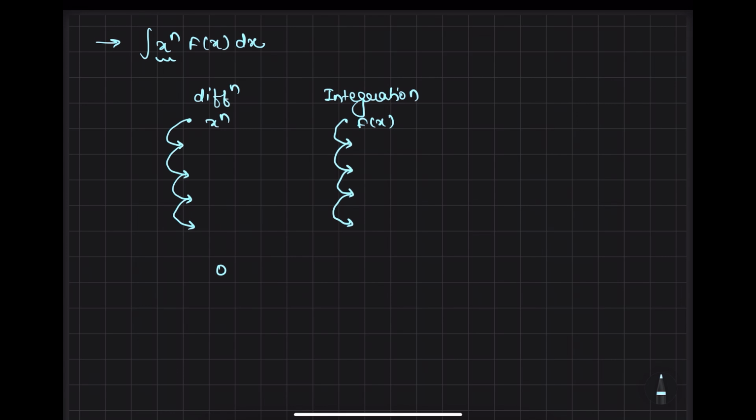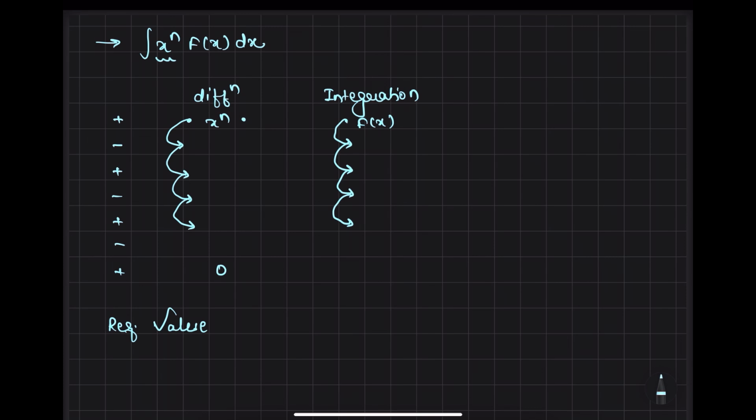Now you have to place some signs. The signs will be positive, negative, positive, negative, and so on. Sorry, this has to be negative, this has to be positive. Now how will you write the answer? You will write the direct required value.